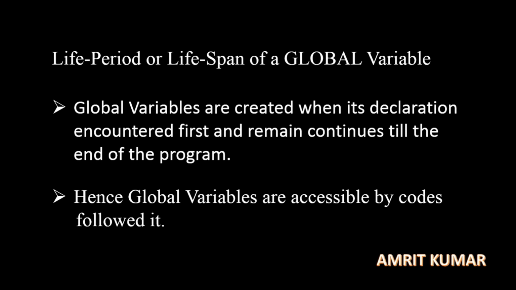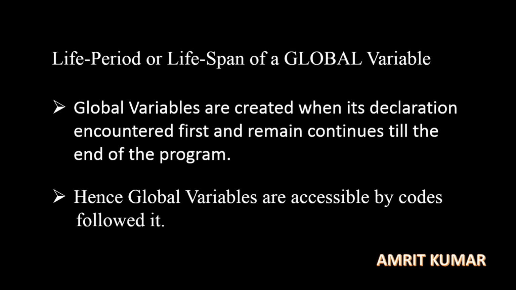So its lifespan is larger than the local variable, because the lifespan of the local variables was within the curly braces, while the lifespan of the global variables is continuous till the end of the program, and that is so important. That is why it is known as a permanent variable that we can use everywhere.